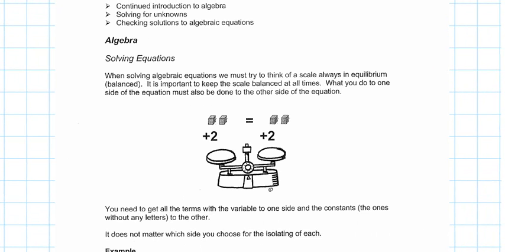Okay, when we're talking about equations and solving equations, let's say I come and add another sugar cube to this side. Can I just do it to this side and keep the equality the same? What happens here if I do add another cube here?